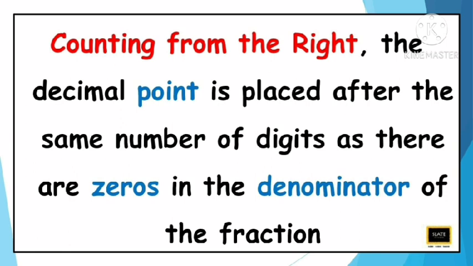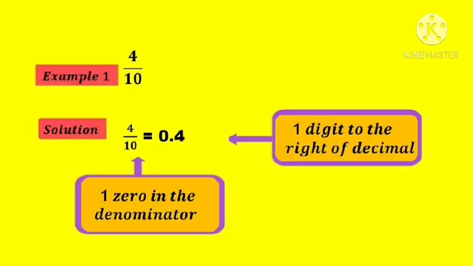Like, for example, 4 by 10 is written as 0.4. Here, in the denominator 10, you have only one zero. So, the decimal point is after one digit from the right, that is after 4. So, 4 by 10 is written as 0.4.